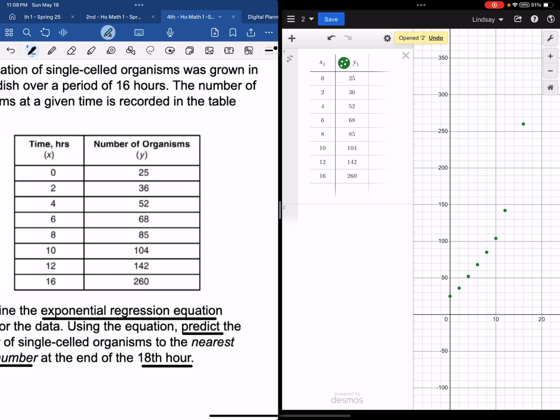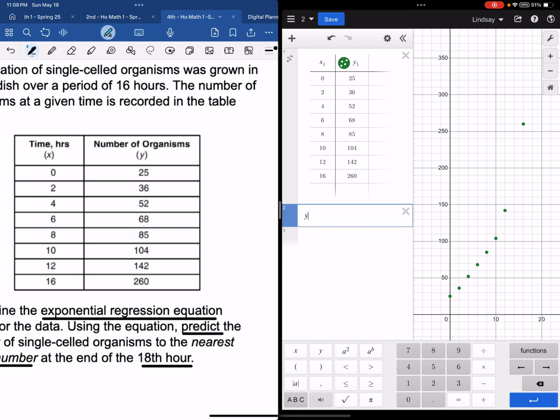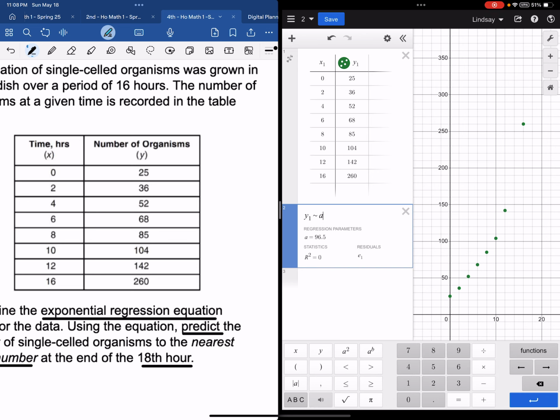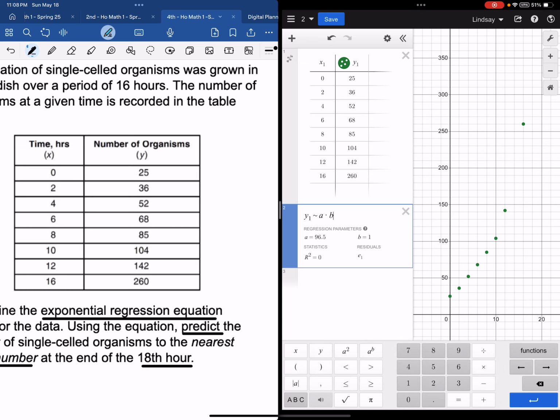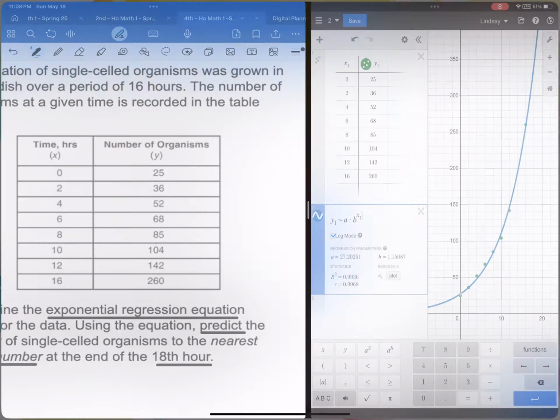You can kind of see it's got that curve right there. So it does have an exponential look to it. So we're going to type in our y1 as A times B, and we're going to raise that to x1. And don't forget to hit that log mode. We can see that it has a correlation coefficient of 0.99, which is a really good fit.